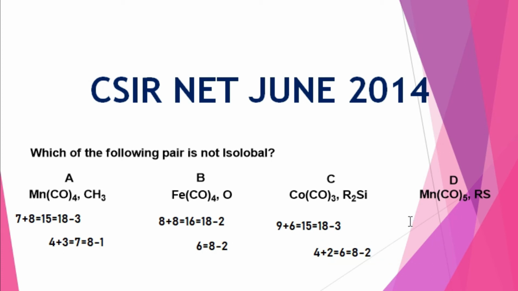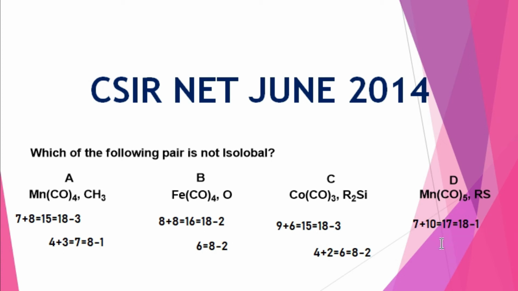And now the last option is Mn(CO)5, so manganese has 7 electrons in its valence shell plus 5 carbonyls, 10 electrons, which means 17 electrons, which can be written as 18 minus 1 electron. So 1 electron is needed to fulfill this valence shell.